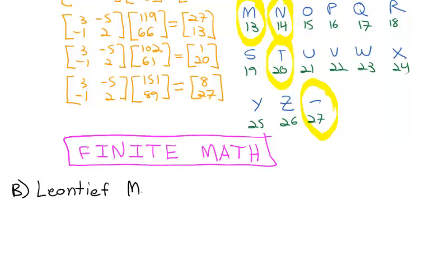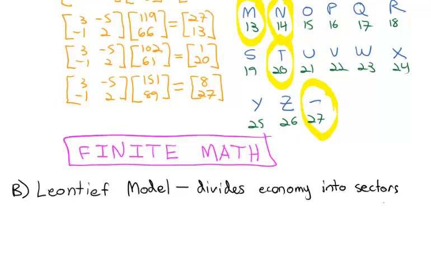And he developed what are called Leontief models, which basically divides the economy into sectors. And each sector produces goods for themselves and for other sectors.